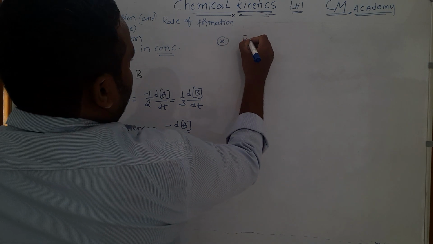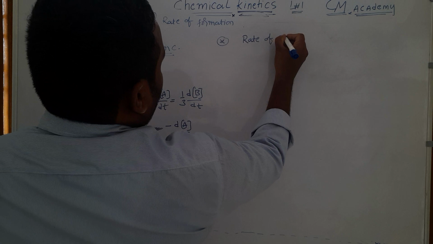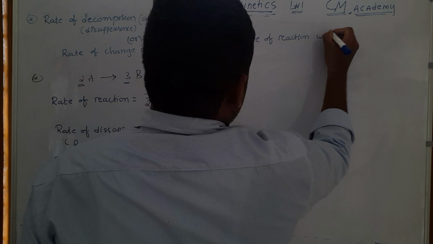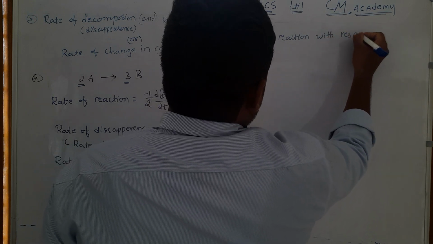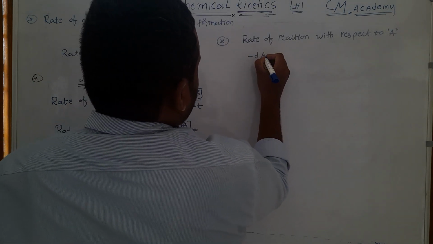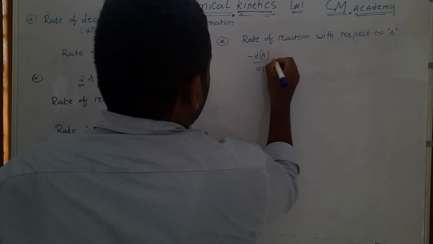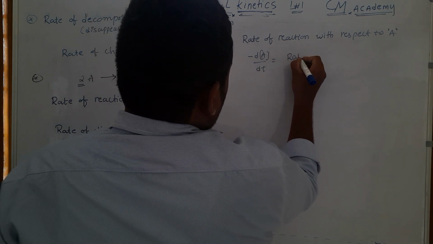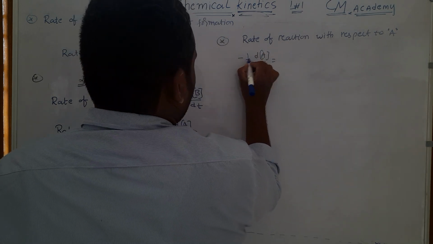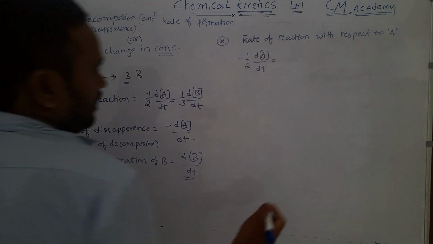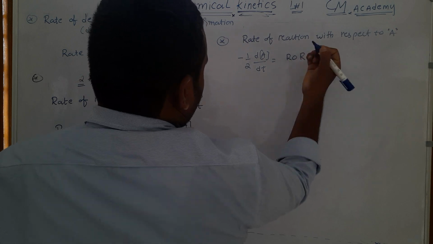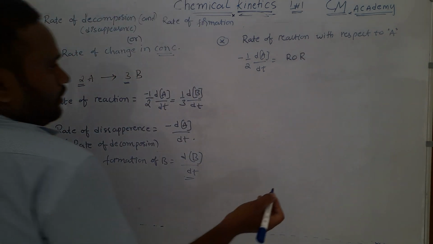We already know the rate of reaction with respect to A is minus dA by dt, equal to, in this reaction, minus 1 by 2 dA by dt, that is the rate of reaction, ROR.